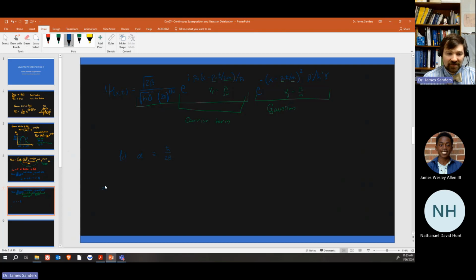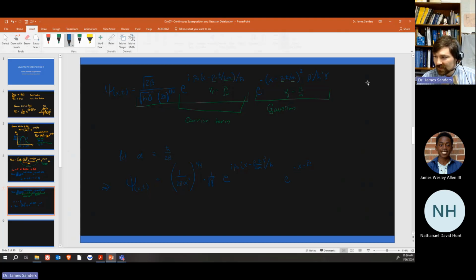If that's the case, then our wave function psi of x comma t can be redefined as 1 over 2 pi alpha squared to the 4th power times 1 over root gamma, or in other words, you could maybe put a gamma squared in here if you wanted, e to the i p naught times x minus p naught t over 2m, all over h bar, e to the negative x minus p naught, I left off a squared here, sorry.